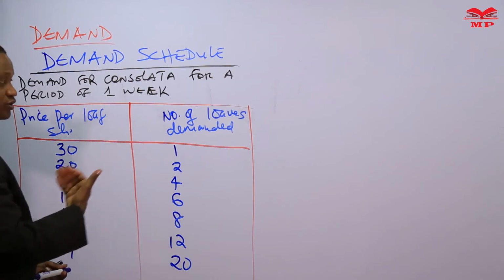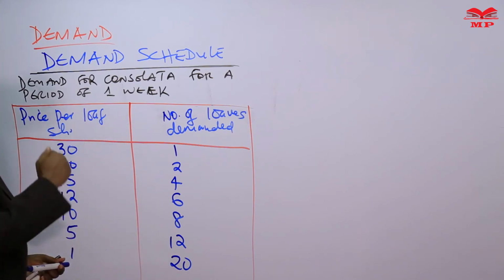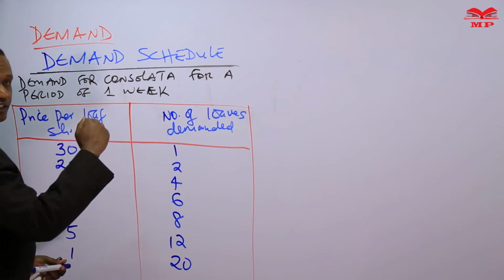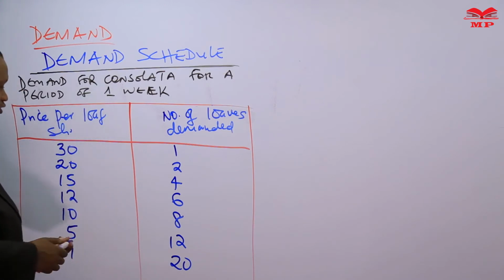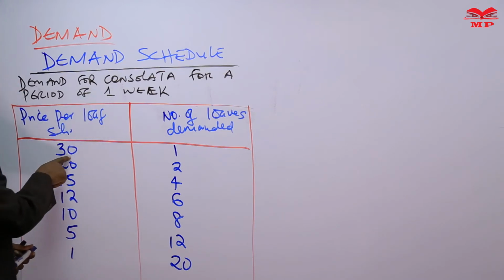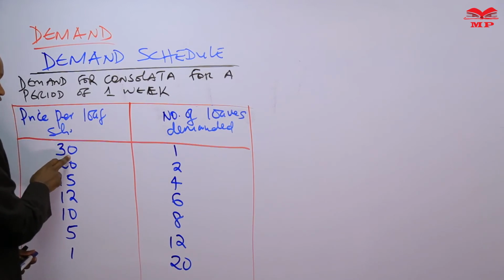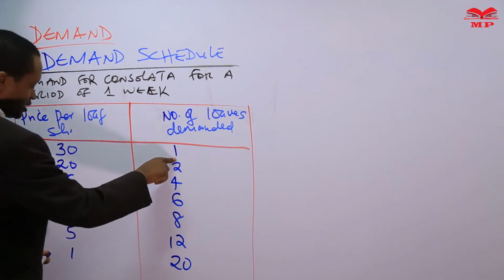She's obeying the law of demand. We say that the higher the price, the lower the quantity of a commodity will be demanded, and vice versa. You can see here the highest price for the loaf of bread is 30 shillings. When it is 30, she only bought one bread.